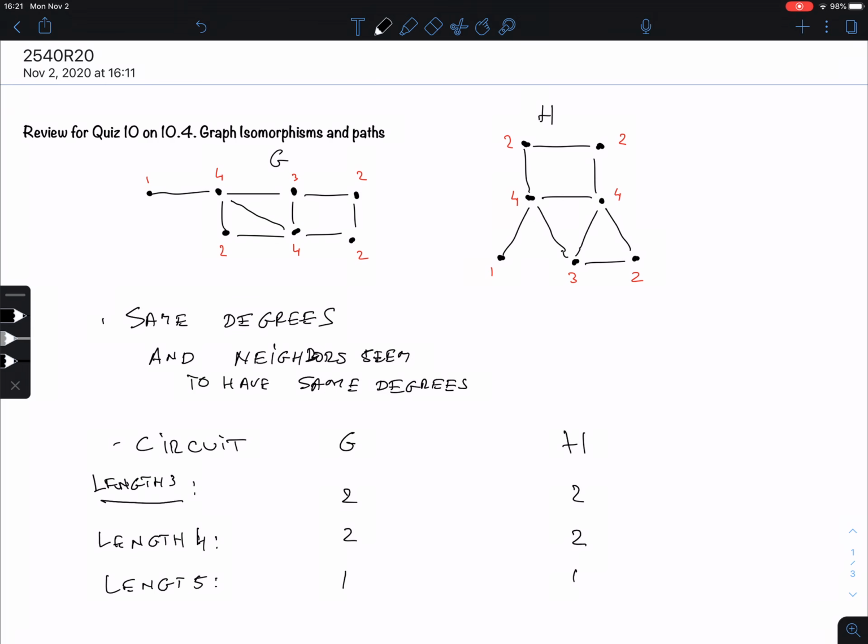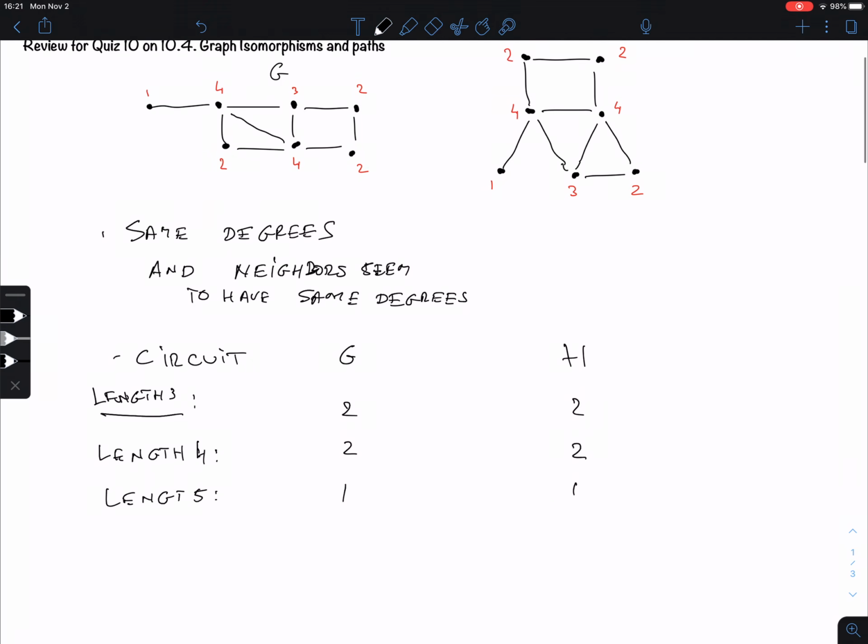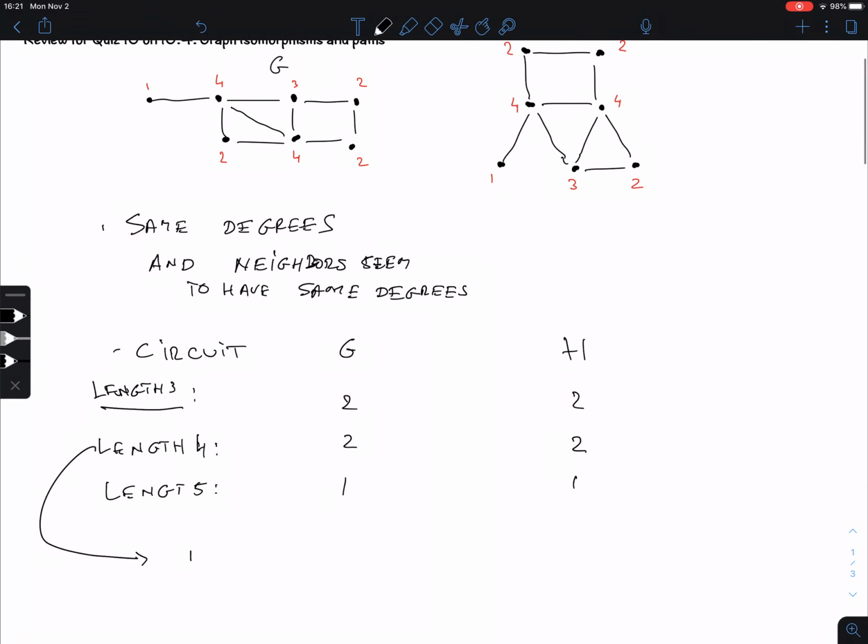But I want to check the circuits of length 4 a little bit better. So let's write the circuits of length 4 here. There are two of them, and let's look at the degrees. So walk this circuit and you see the sequence. Instead of listing the vertices, I'm just going to list the degree of that vertex.